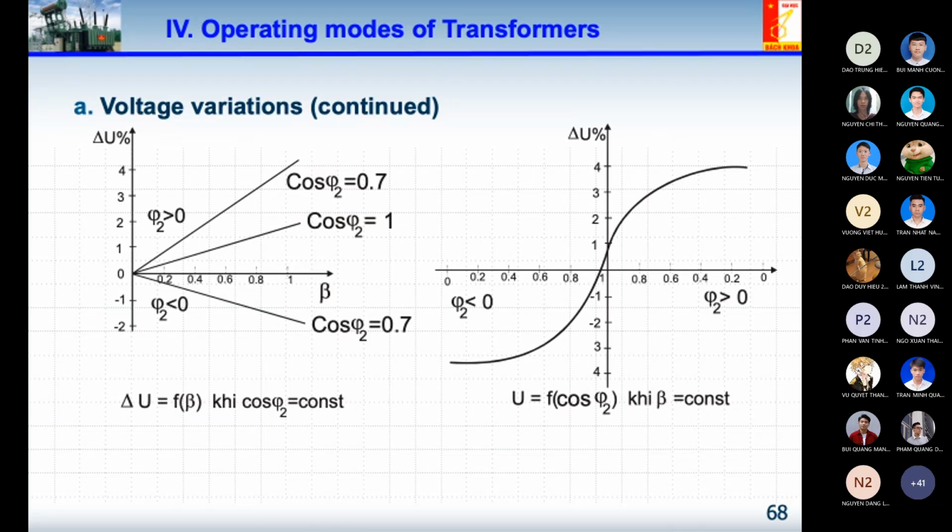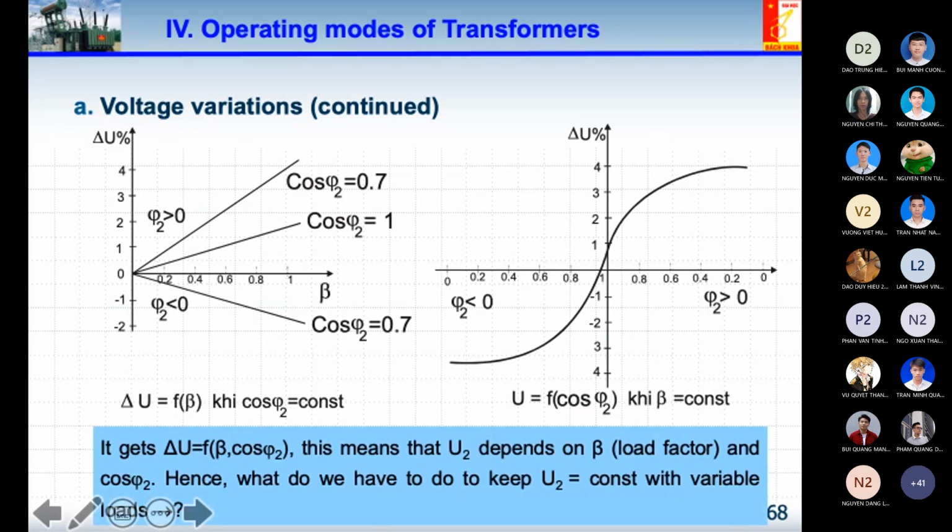Okay, and with the same beta, for example beta equal to 0.8 here, you can see we get a different voltage drop if you look at this axis. The voltage drop depends on the load factor, which is beta here, and also the cos phi, and also the type of load, inductive load or capacitive load.